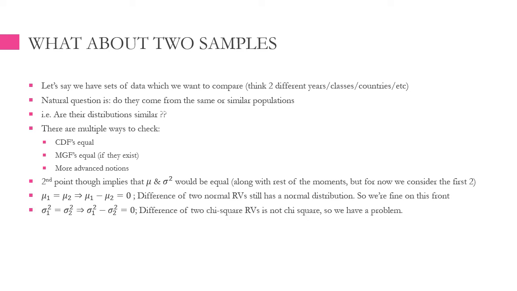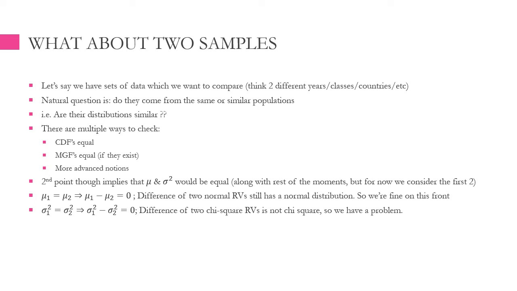However, if our sigma squareds are equal, that does imply that the difference is equal to 0. Remember we said earlier that the population mean and the sample mean are related, and so their distributions are related. The same thing applies for sigma squareds and s squareds. Our sigma squared we can relate to a chi-square distribution.